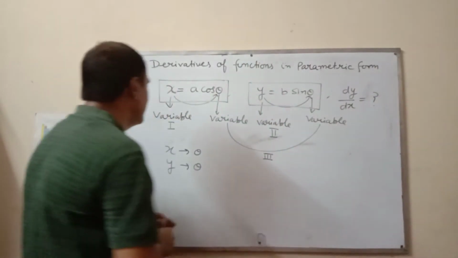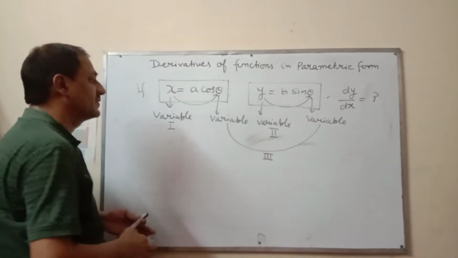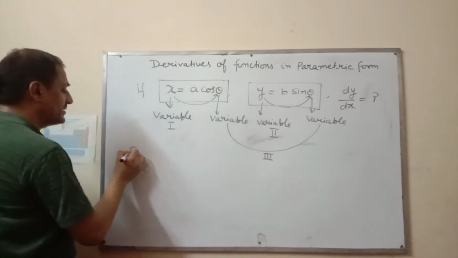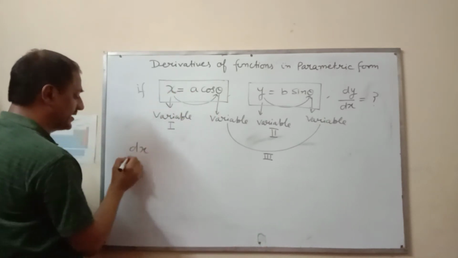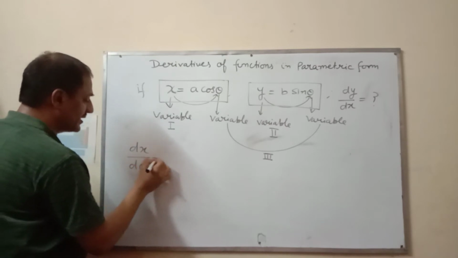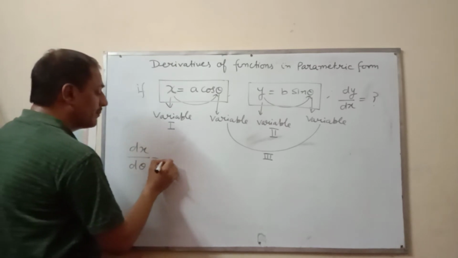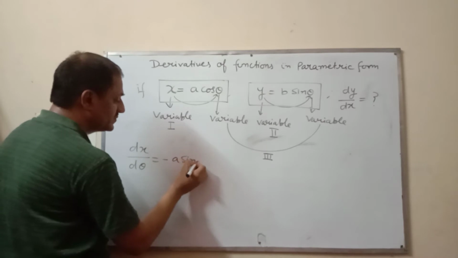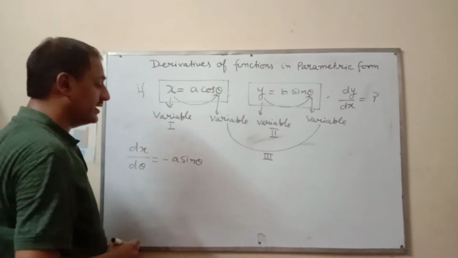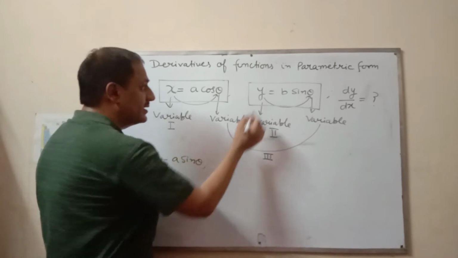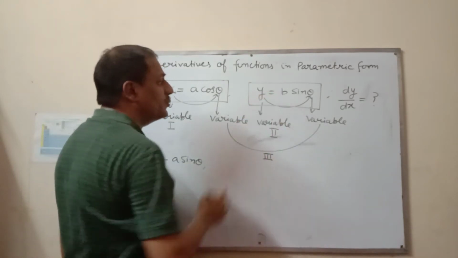So I am going to find dx d theta. Here I am going to differentiate this function with respect to theta. Dx d theta is equal to minus a sin theta. Differentiation of a cos theta is equal to minus a sin theta, and y equal to b sin theta.